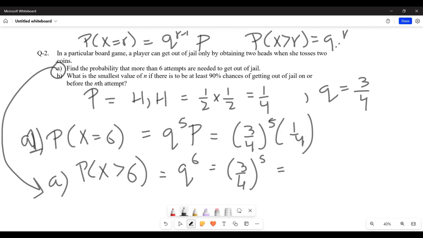Sorry, it's going to be Q power 6. Why did I write 5? It's Q power R. So R is 6. So this would be the formula that we use, and the answer would be 0.178.